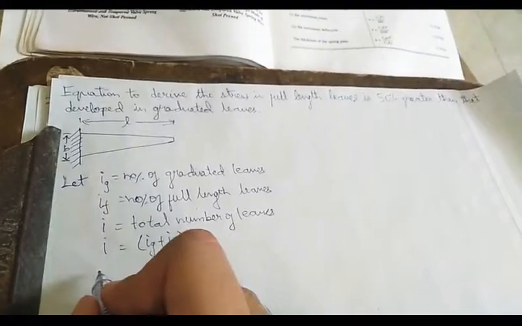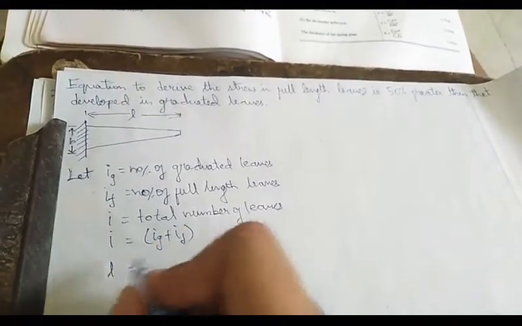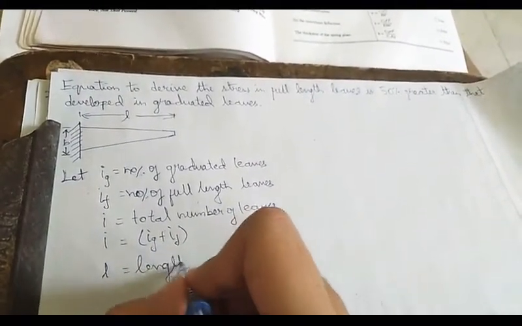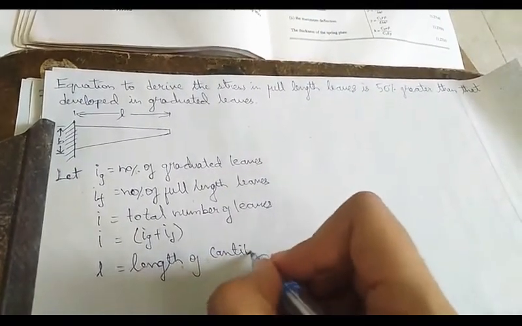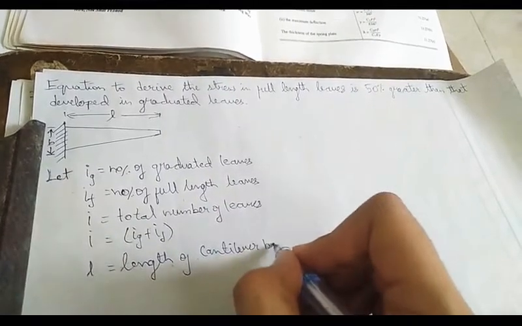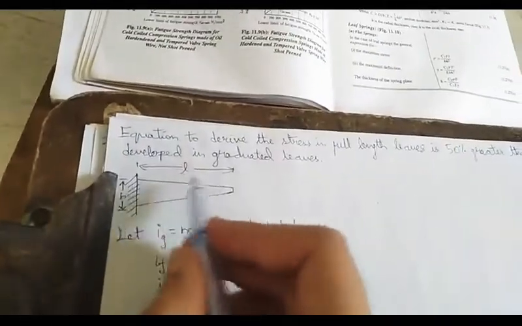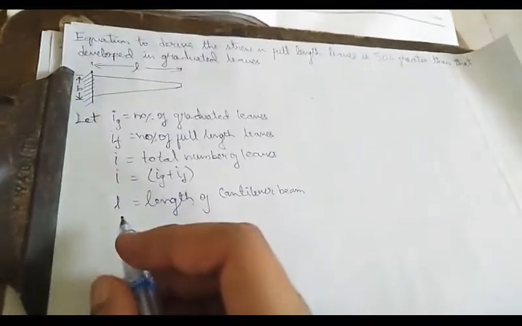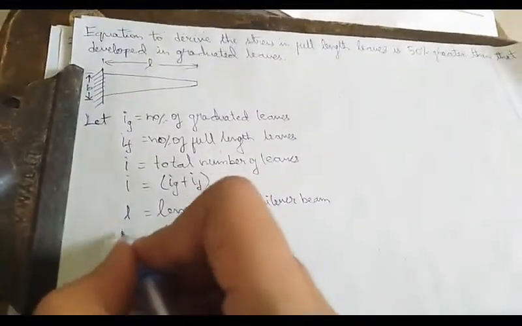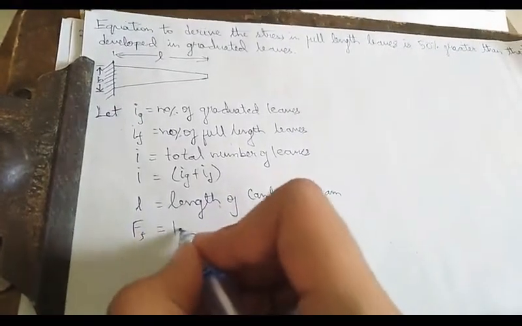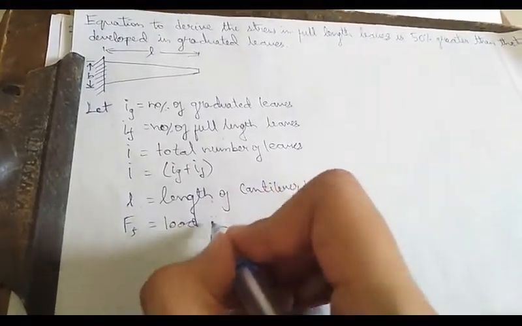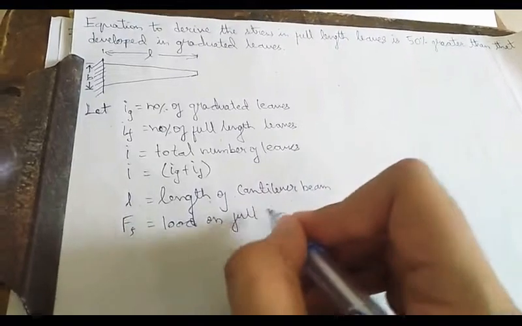Next, L be the length of cantilever beam. So here you can see that L be the length of cantilever beam. And Ff, small f suffix F, is the load on full length leaves.